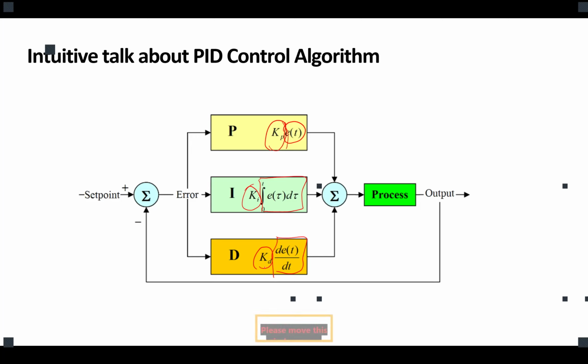So if we have a very high error, it would create a high value change in our setting. If we have a lower error, it would create a lower value of change in our setting. What is the problem if we eliminate the I and D and only use the proportional error controller? What are your guesses? Do you have any idea what the problem is?